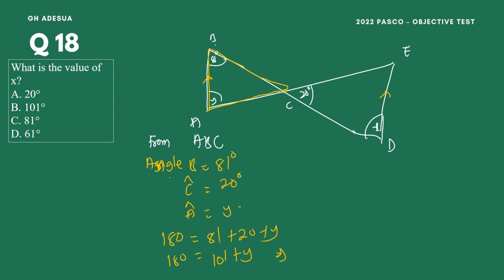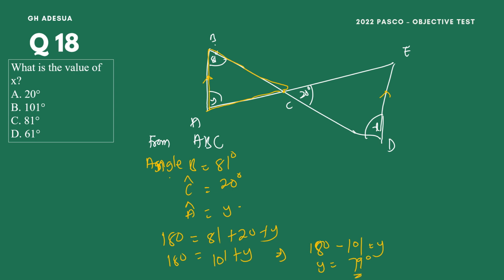We have 81, when 101 crosses the equal sign it becomes negative. 180 minus 101 equals Y. So we have our Y value here to be 79 degrees. That's 79 degrees for our first triangle.